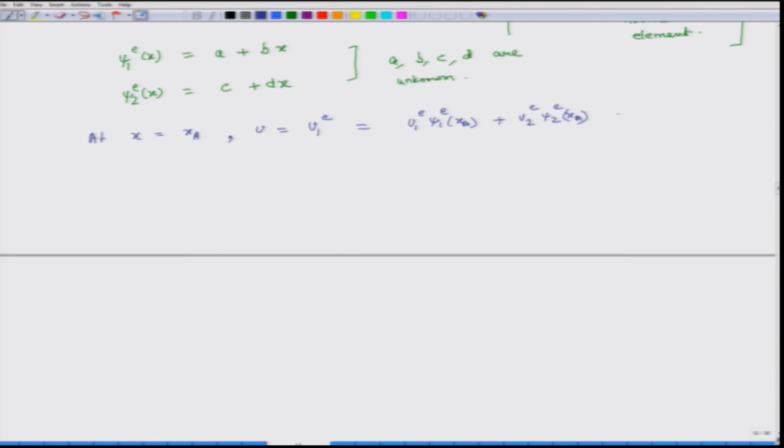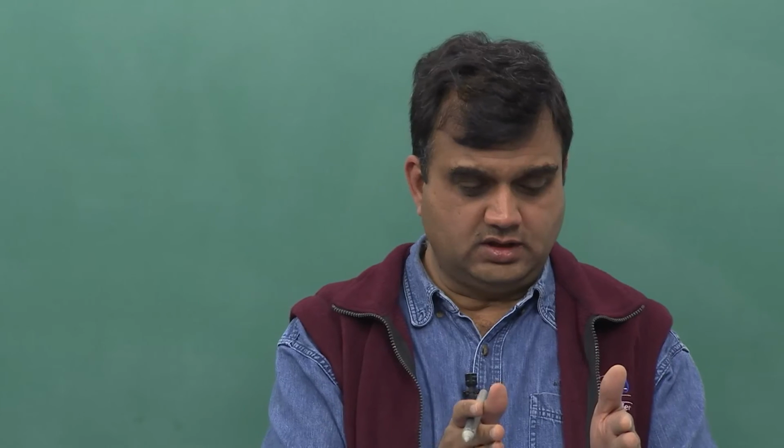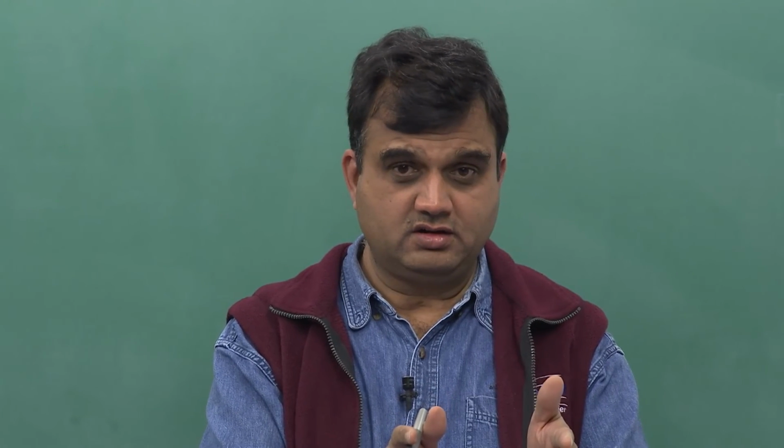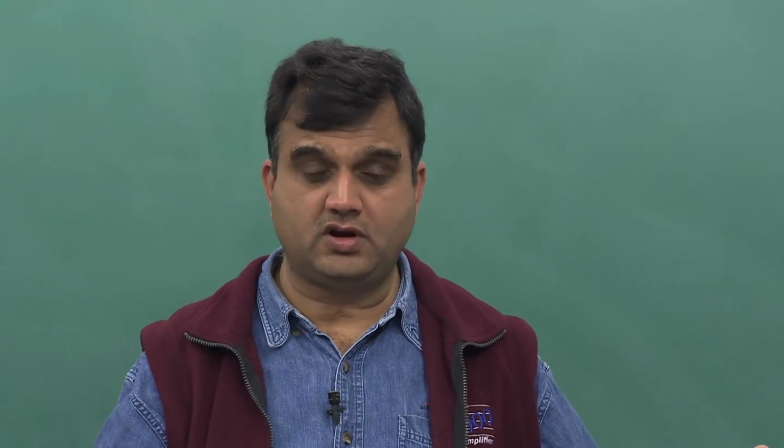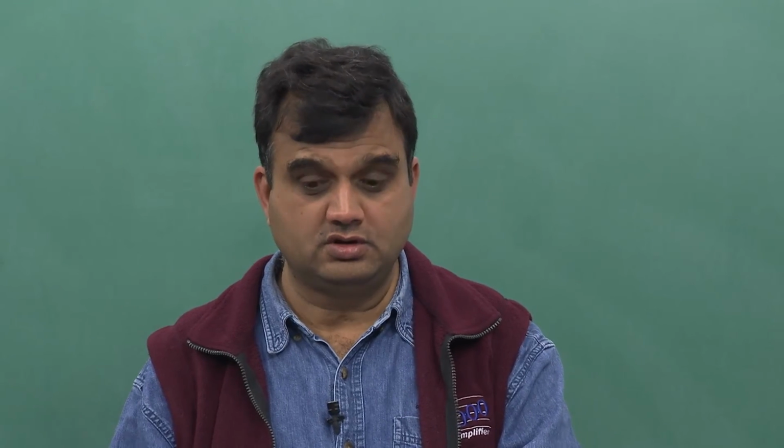Now, this relation is true for any value of xa. The node could be located here, or it could be elsewhere, because this is the eth element. So, it is valid for all values of xa, and it should not depend on the values of u1 and u2 either. u1 could be 0, and then also this equation should hold true. If u1 is something else, this equation has to hold true in all situations.